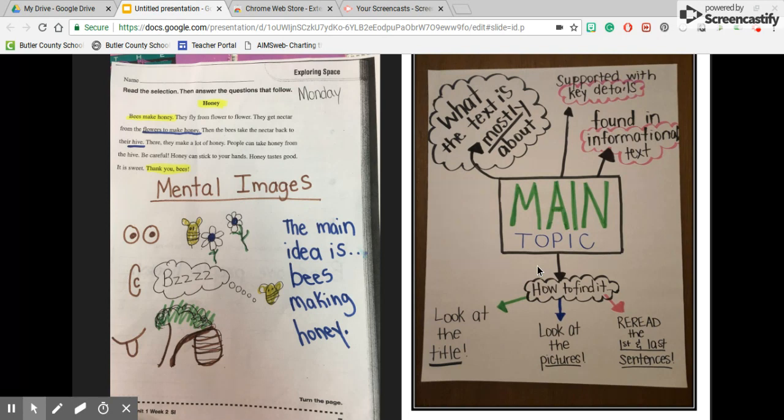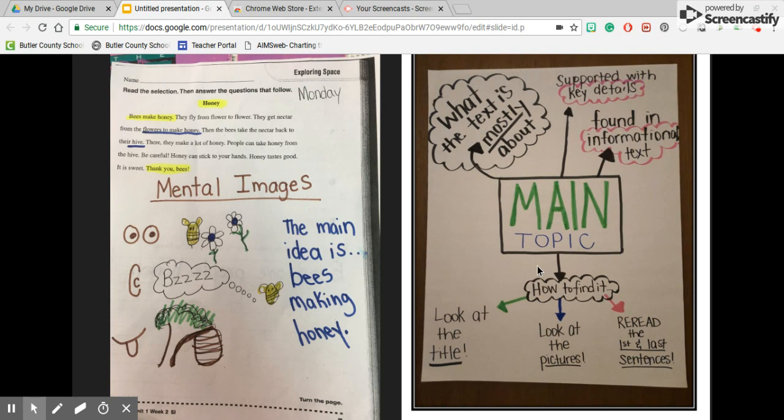Then we went back and we read the first and last sentence again. Bees make honey. Thank you, bees. So then I asked my students, just by those three things, what would you say the main idea or the main topic of our paragraph, Honey, is?